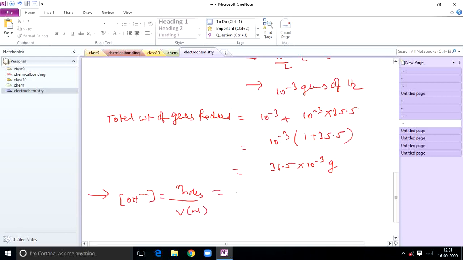So number of moles how much? Into 1000 we have to put, no? N by V into 1000. So here what can you write? Number of moles, how much did you get from the equation?